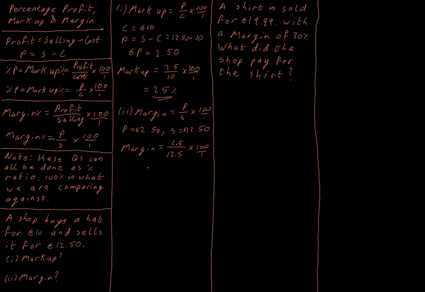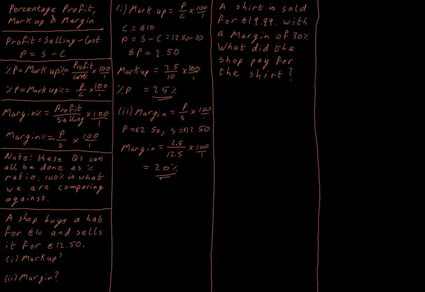So when we do that, we get 20%. You can see we end up with different answers. So our margin is 20%, our markup, which we know can also be called percentage profit, is 25%. Percentage profit and markup mean exactly the same thing. And that is how we can use those formulae.